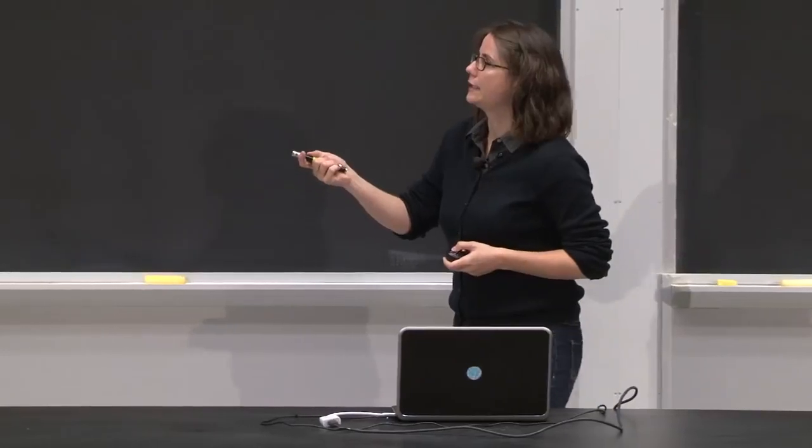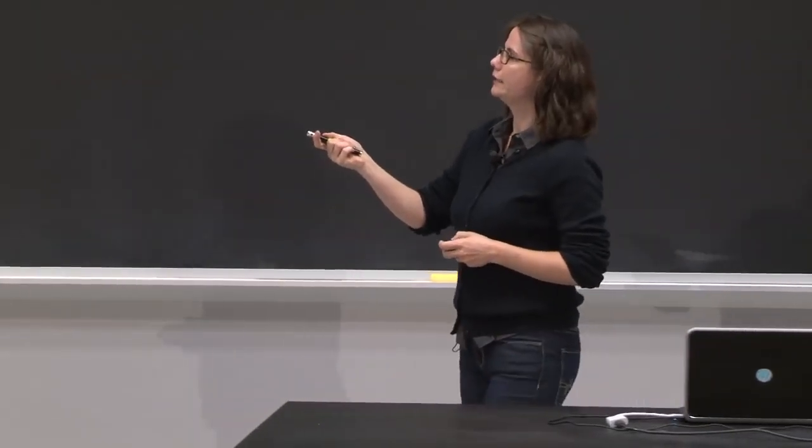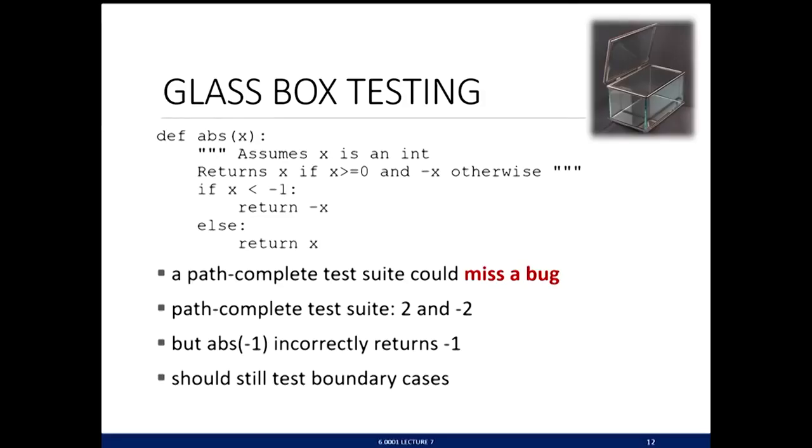So in this example, we have the absolute value of x. This is its specification, and this is the implementation that someone decided to do for this function. So a path-complete test set means that you want to have a test that goes through each one of these branches. So if x is less than -1, well, -2 is less than -1, so that's good.